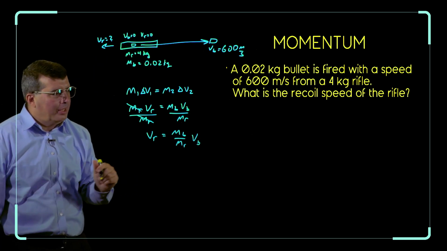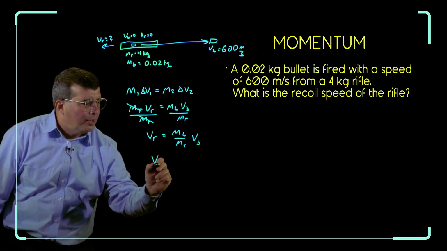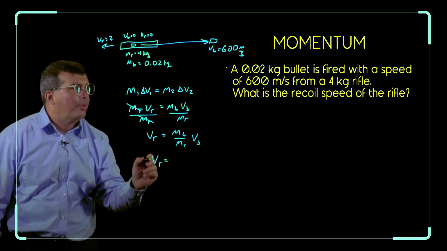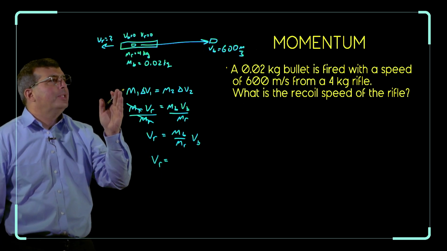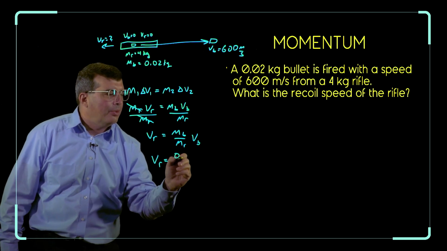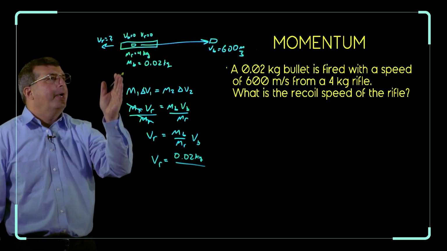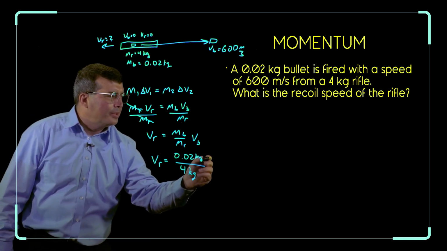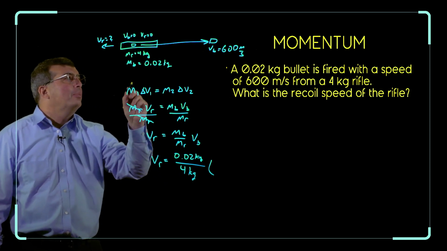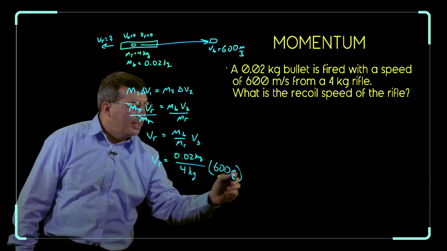And now we can put in our data for the specific situation. Speed of the rifle is mass of the bullet, 0.02 kilograms, divided by mass of the rifle, 4 kilograms, times V bullet, 600 meters per second.